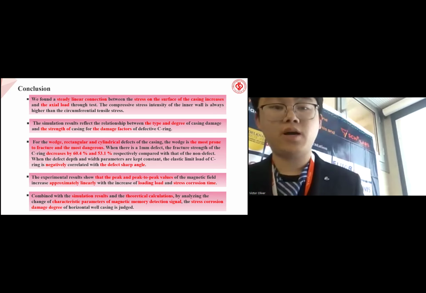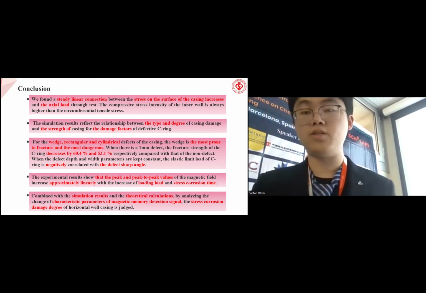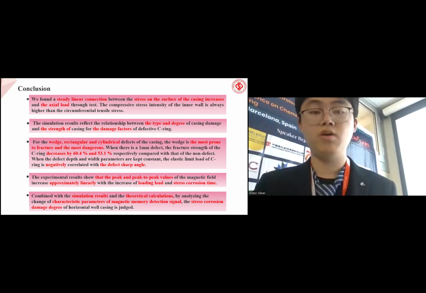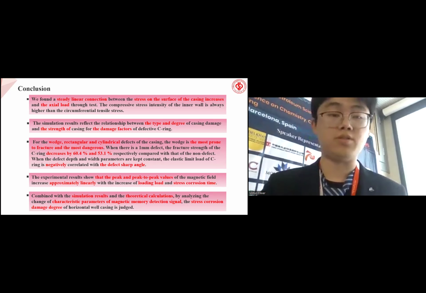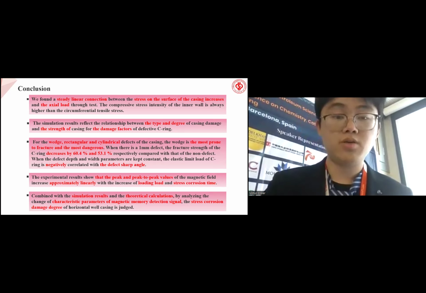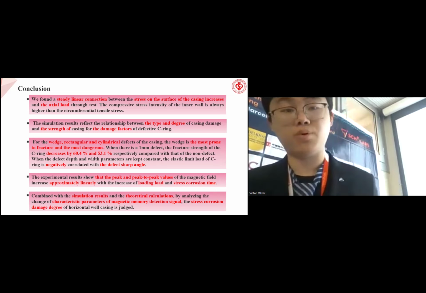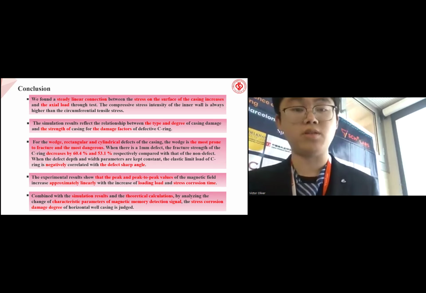The simulation results reflect the relationship between the type and the degrees of casing damage and the stresses of casing for the damage factors of defective casings. For the elliptical, rectangular and cylindrical defects of the casing, the elliptical is the most prone to fracture and the most dangerous.